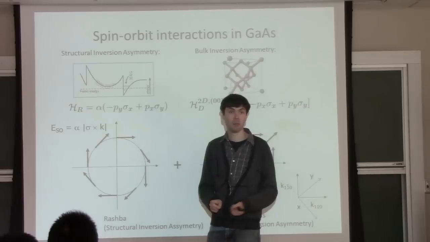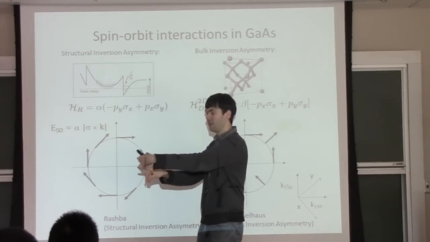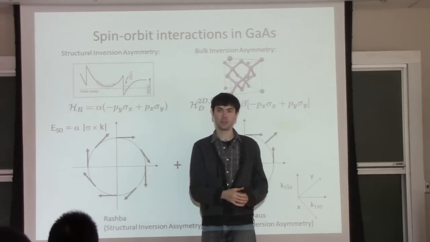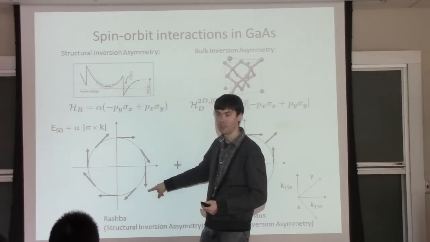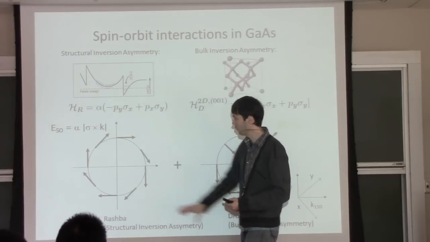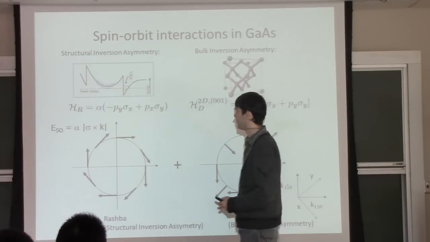So very easy to remember. If you go this way, Rashba effect will be this way. Or if alpha is the other sign, it will be this way. If you flip and go backwards, Rashba effect flips, right? If you go this way, it's pointing down. If you go back, points up. So very simple dependence.